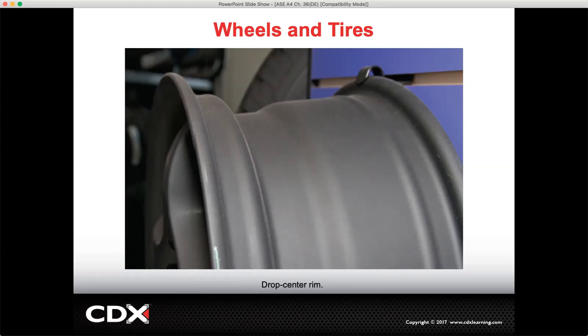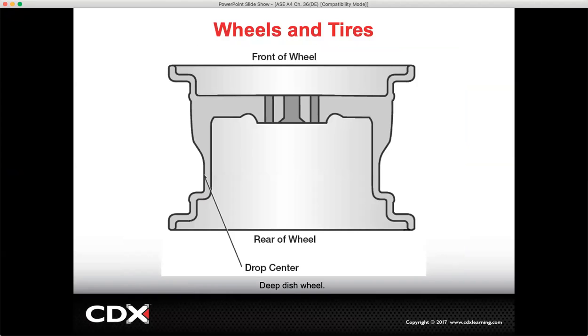The bead seat is the edge of the rim that creates a seal between the tire bead and the wheel. Rim flange is the exterior lip that holds the tire in place. Rim diameter is the distance across the center of the rim from bead seat to bead seat.